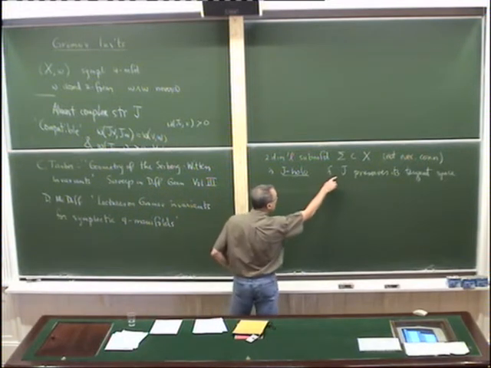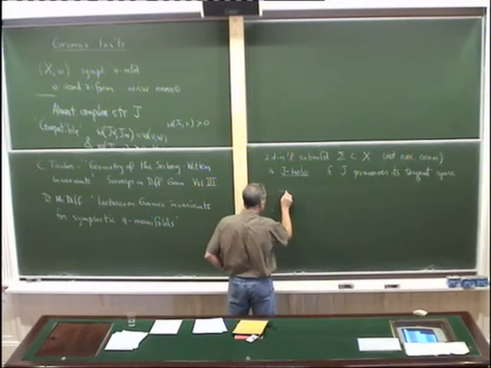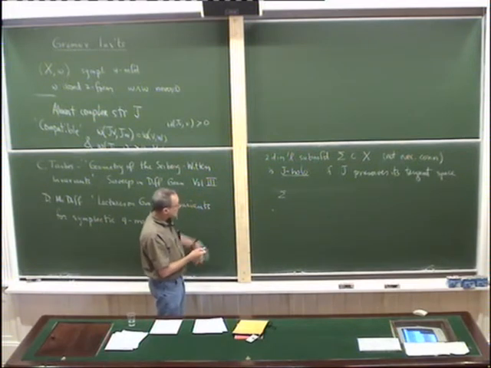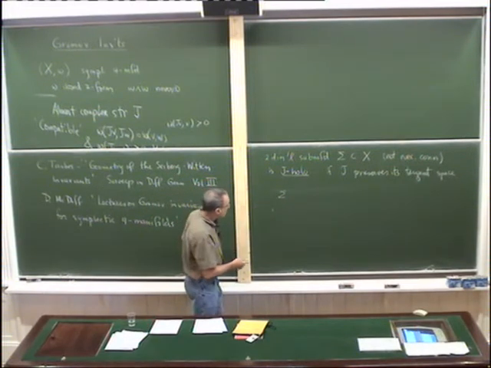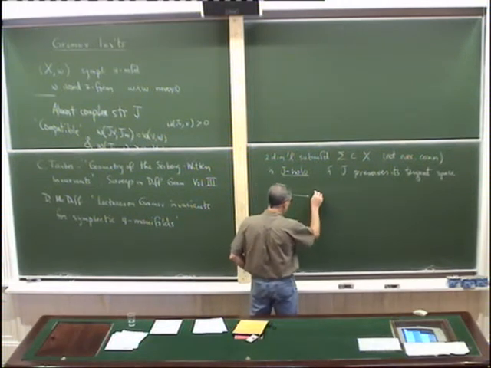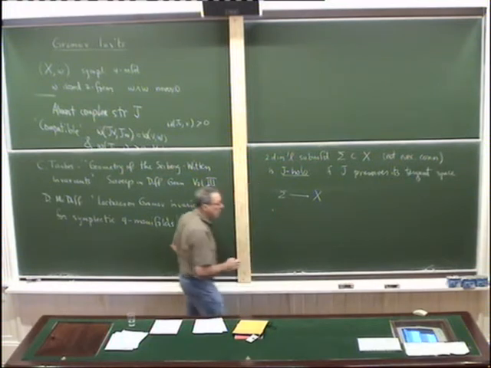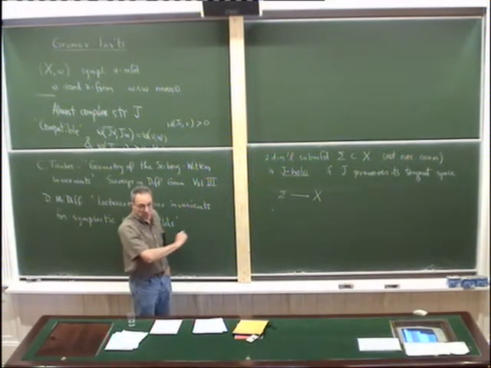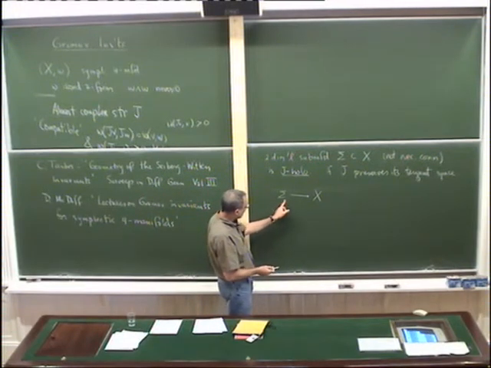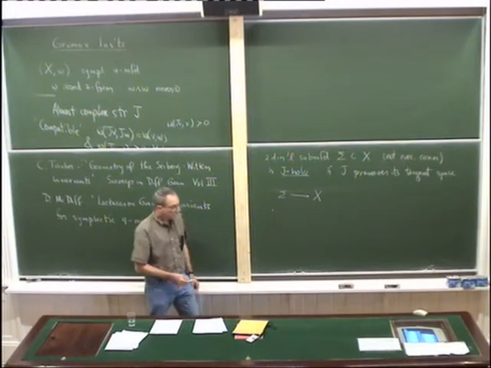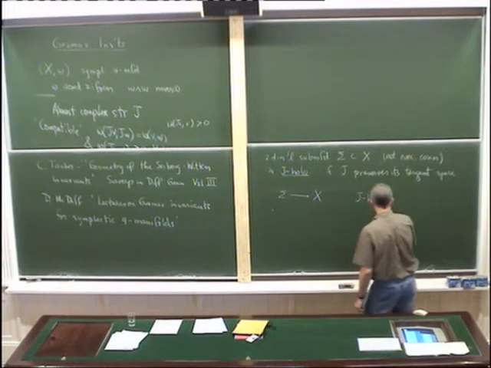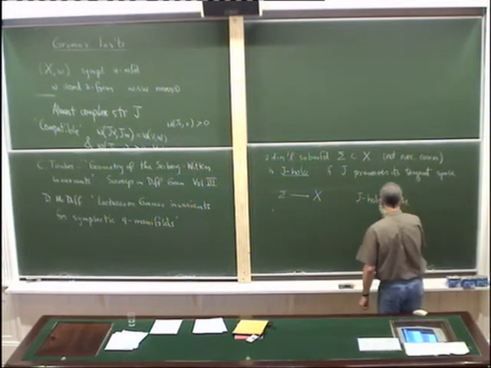And in fact, J is integrable on sigma, and so you can think of sigma as coming from an actual embedding into X, which is holomorphic with respect to the structure you've induced on sigma and J. And so sigma is often called a J-holomorphic curve.